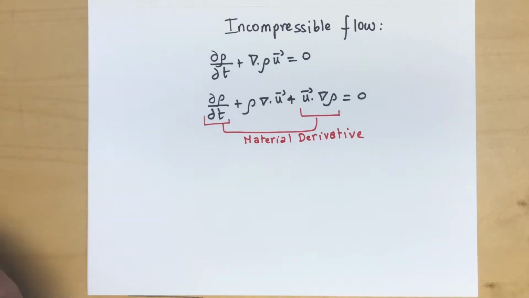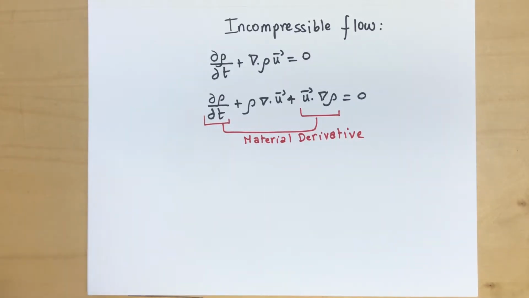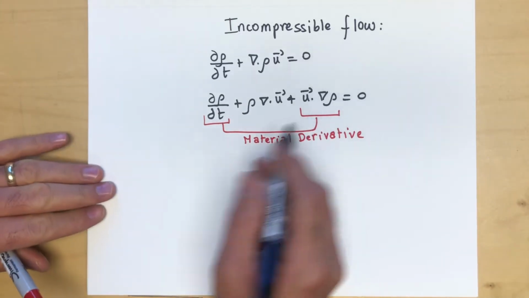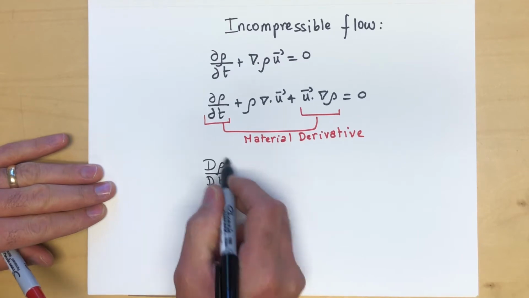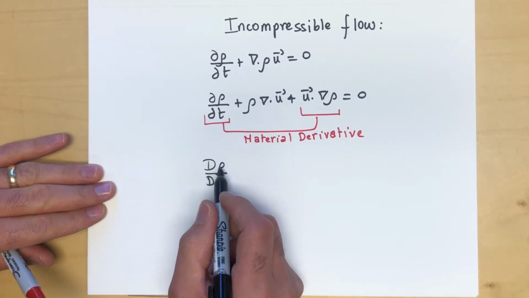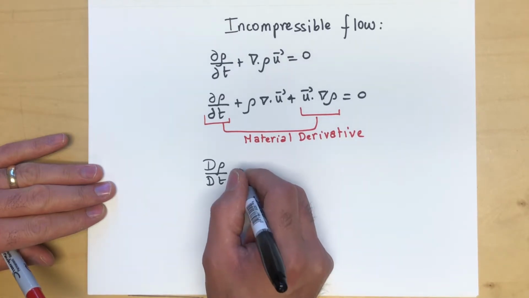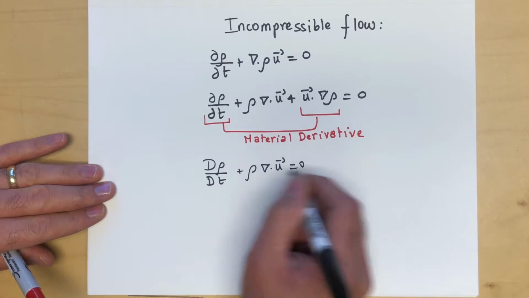The Reynolds Transport Theorem dealt with a finite-sized material system. This is the equivalent of the Reynolds Transport Theorem for a material point. So we're going to write this as d rho by dt, the material derivative of the density of a material point or a fluid particle, plus rho div u equals 0.